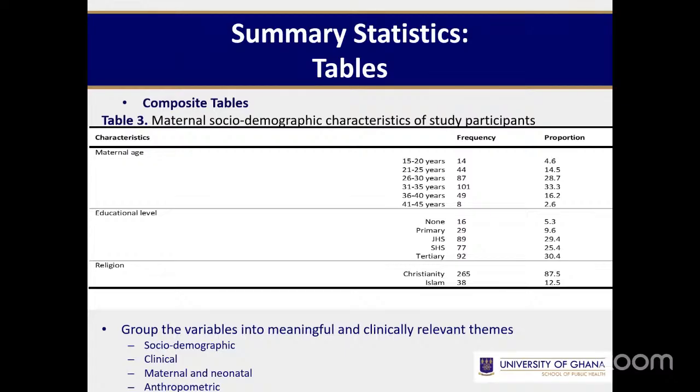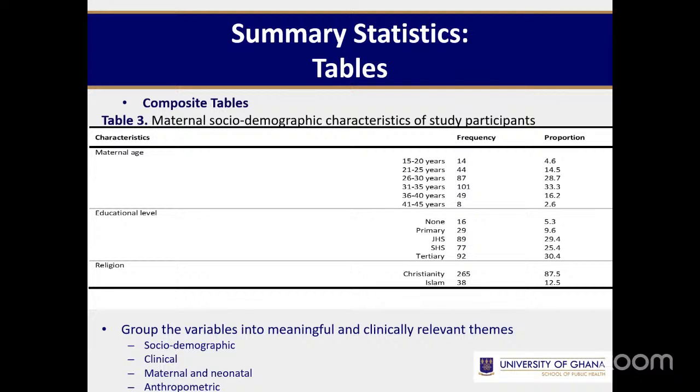Now, such composite tables are very helpful because they allow you to group clinically similar characteristics together. So we may have table 1, which is looking at the socio-demographic characteristics of study participants. In such cases, what are the socio-demographic characteristics?